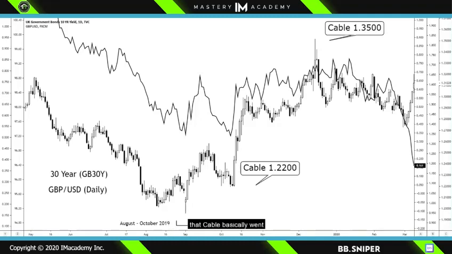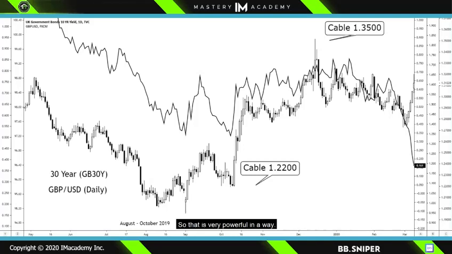I've already pointed it out to you that cable basically went from 1.22 all the way to 1.35. So that's massive, massive pips. I believe that's like a 1,300 pip move within a couple of months on British pound.